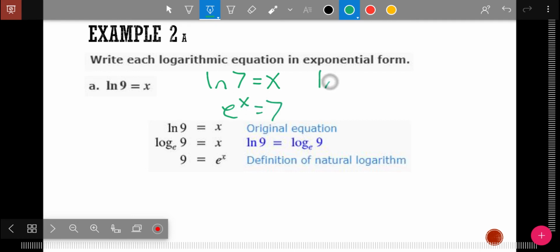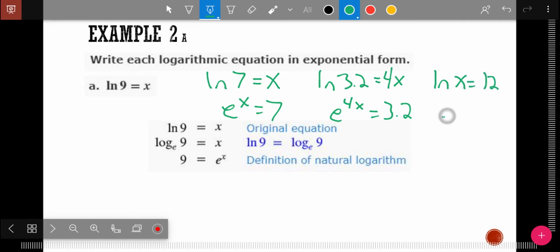If I have ln of 3.2 equals 4x, then I would have e to the power of 4x equals 3.2. Or if I had ln of x equals 12, then e to the power of 12 equals x.